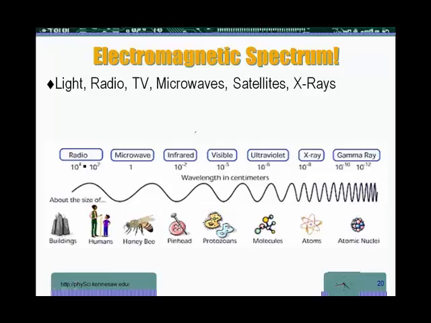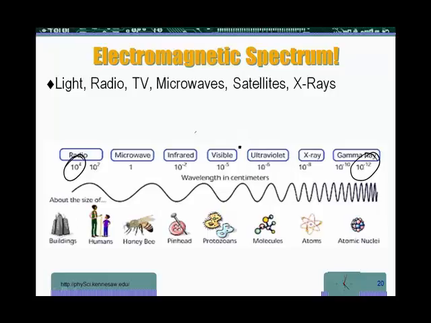that the electromagnetic spectrum includes waves from a wavelength of about 10 to the 4 centimeters to 10 to the minus 12 centimeters. We said all of these waves are electromagnetic waves. The only thing that differentiates them is their wavelengths.